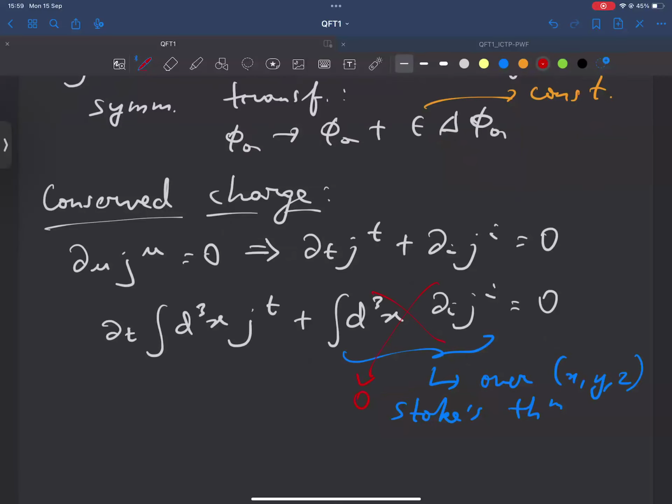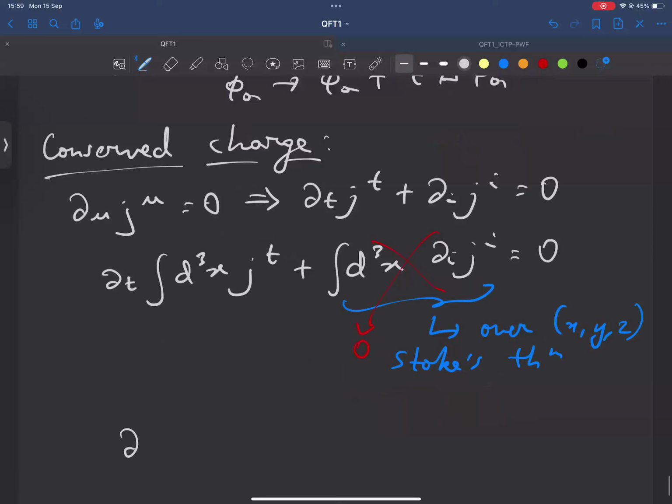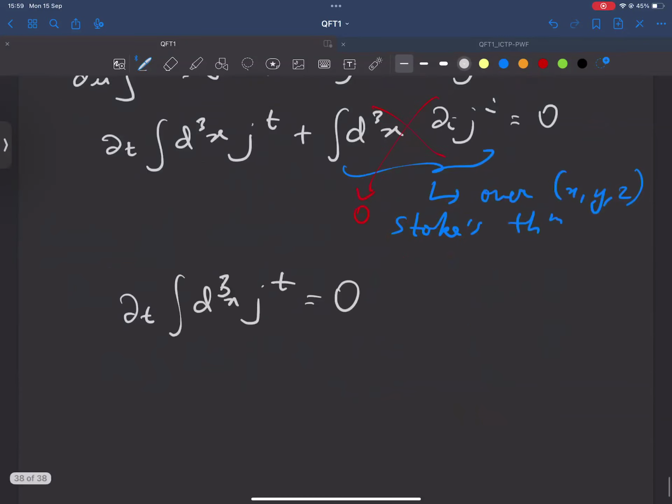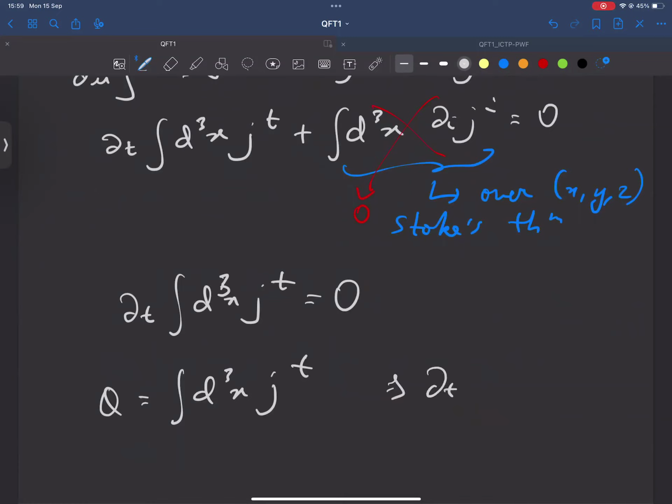And what we are left with is that this quantity is 0. And you can define Q as this object. And we have shown that del t of Q is 0. So Q is a conserved charge.